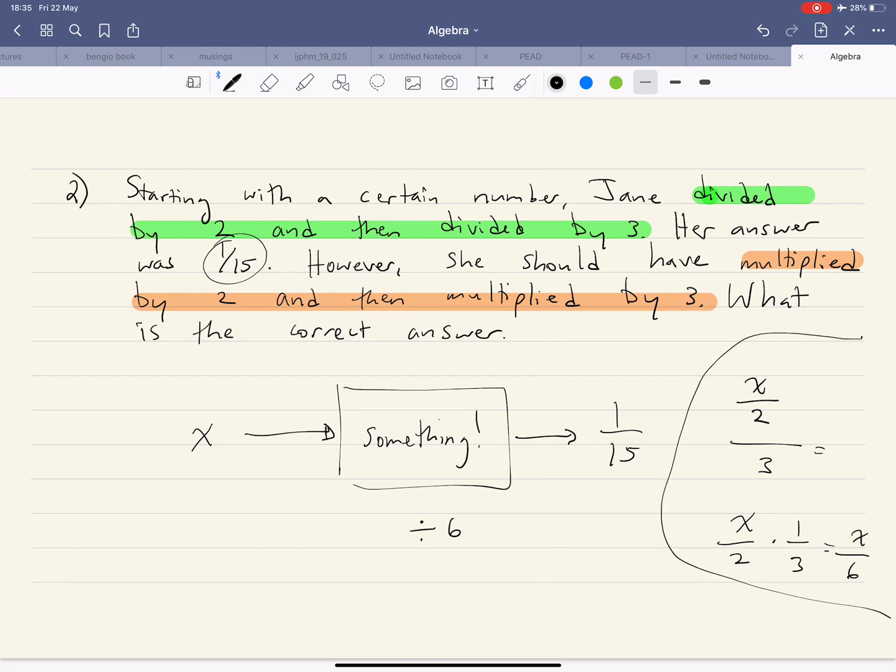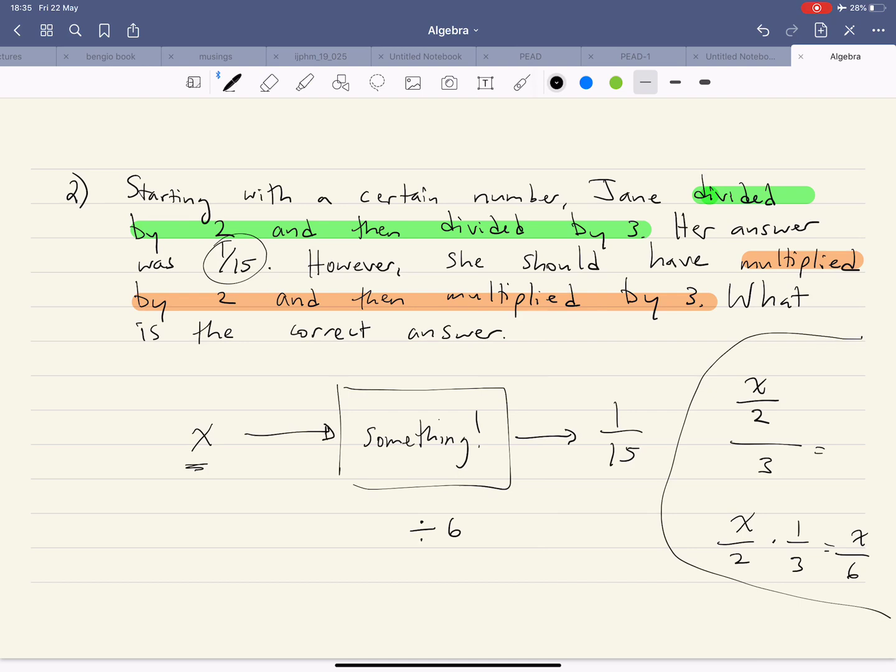So in order to find the correct answer, we need to figure out what this x is so that we can apply the correct procedure to x. And we can figure out what that x is by doing the reverse of what Jane did, right?